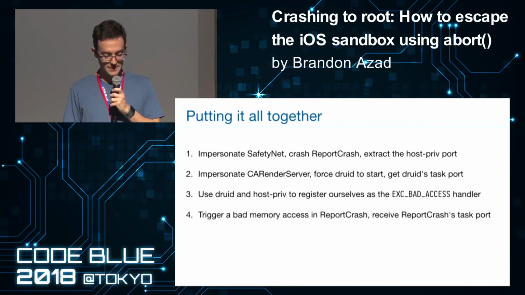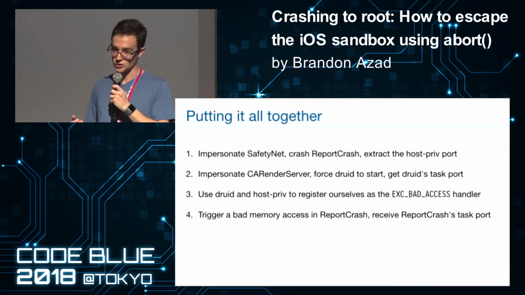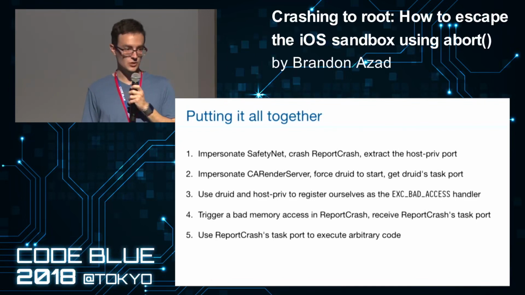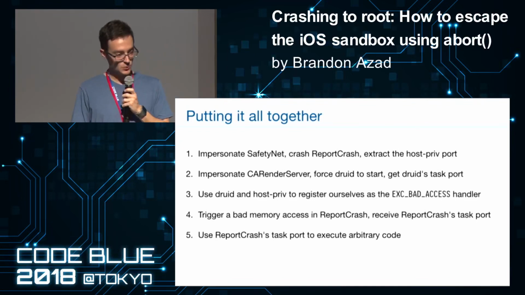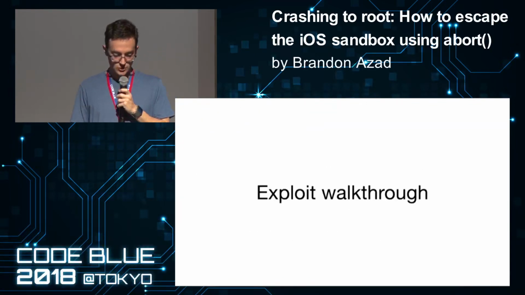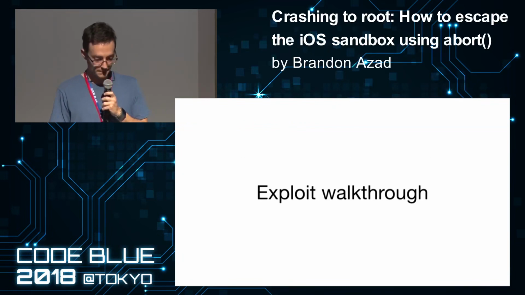Next, we trigger a bad memory access and report crash, causing us to receive report crash's task port a second time. And finally, we use this task port to execute arbitrary code. And at this point, we are now unsandboxed, root, and have task for PID. So I think it'll be a lot clearer in a graphical exploit walkthrough, so let's do that now.